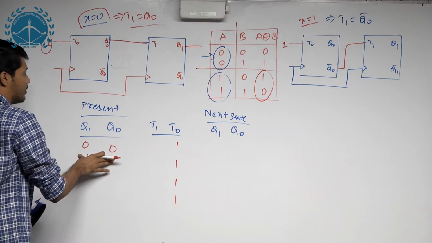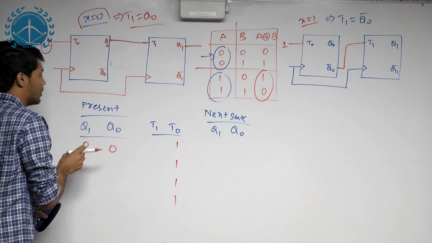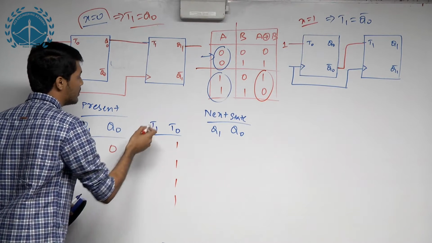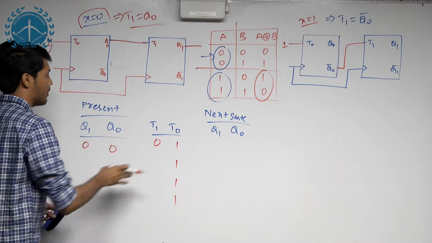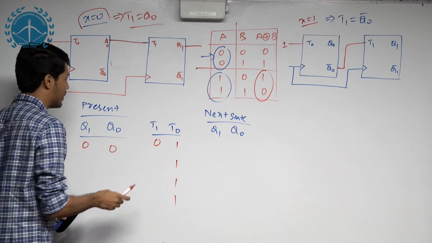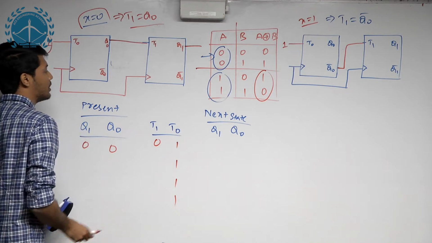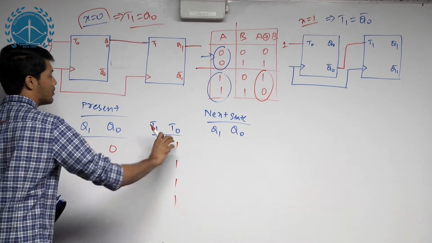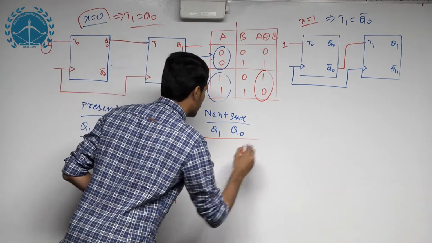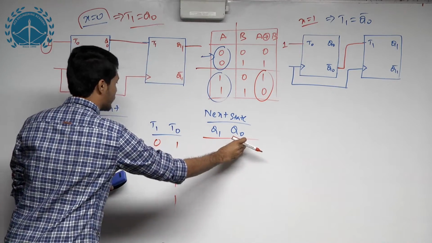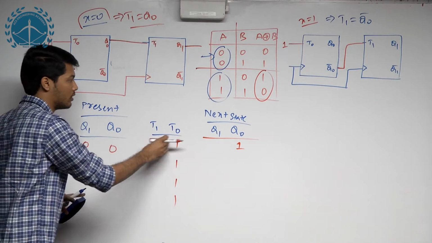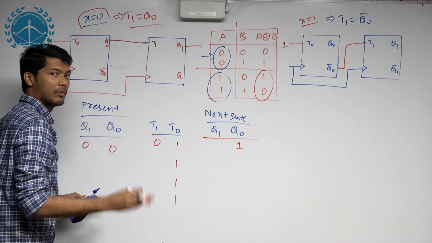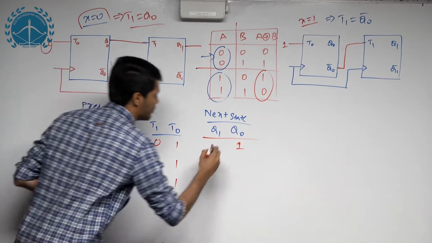So whenever present state is Q1 Q0, since T1 is equal to Q0, T1 will be 0, and basing on the inputs, now we have the input to T0 as 1, so the output will toggle obviously. So Q0 will toggle from 0 to 1, and since T1 is 0, Q1 will not toggle, it will remain in the previous state which is 0.